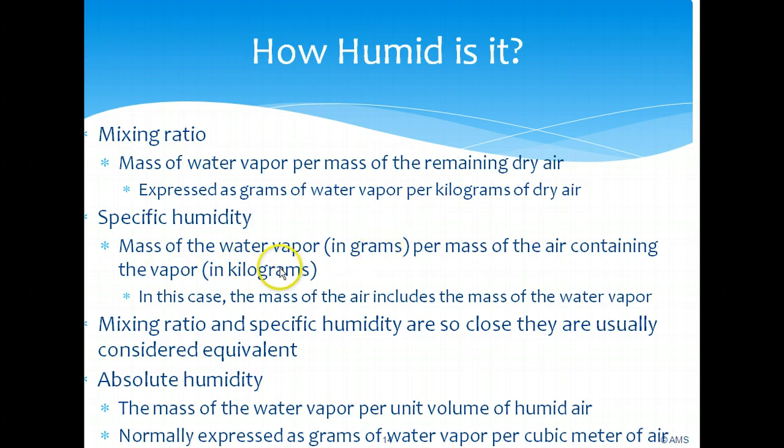The absolute humidity is water vapor per unit volume of humid air, grams per cubic meter. These two numbers generally, when we figure them out, are very, very close together, and we consider them basically equivalent.